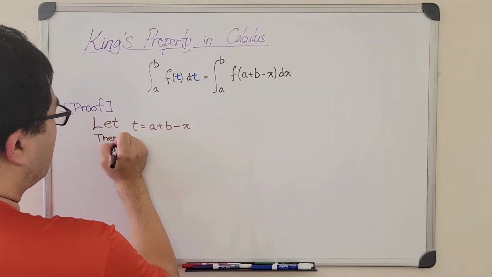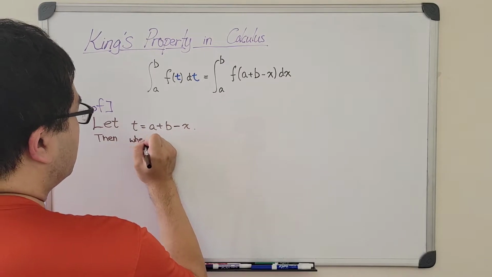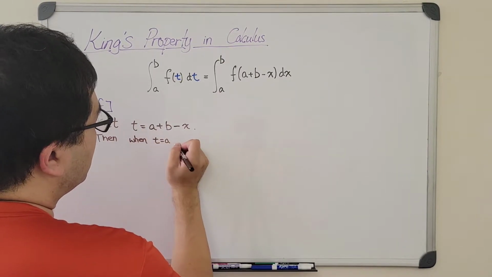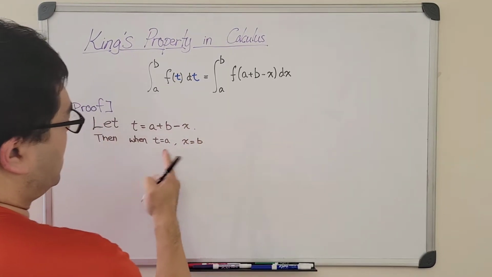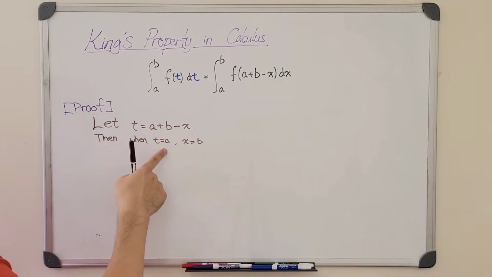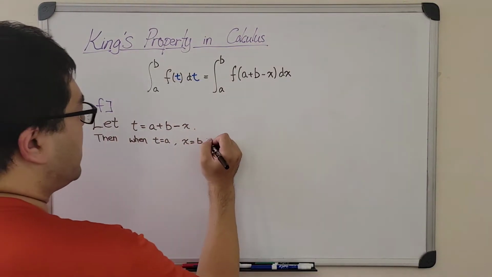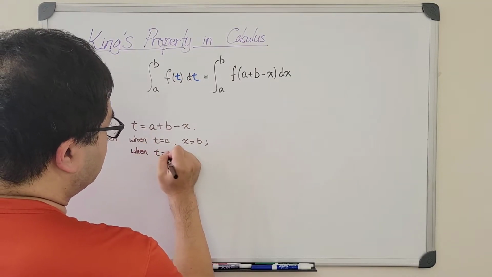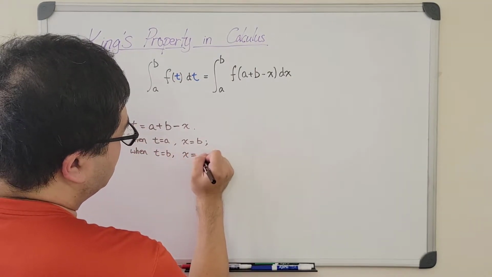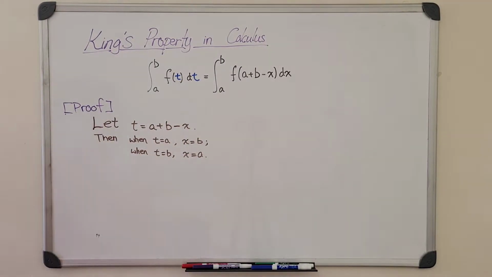Then let's check. When t equals a, we see that x equals b. We can just substitute in and check that if this is a, then we need a b here to cancel out. At the same time, when t equals b, x has to be equal to a. Again, just substitute in and check it quickly.